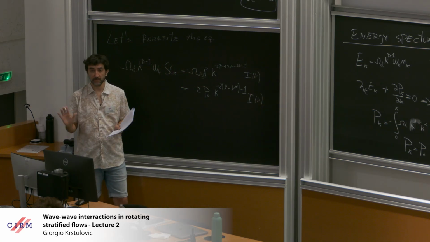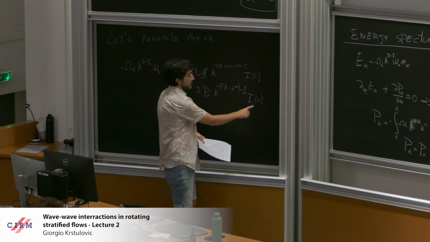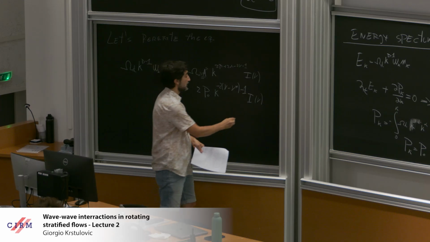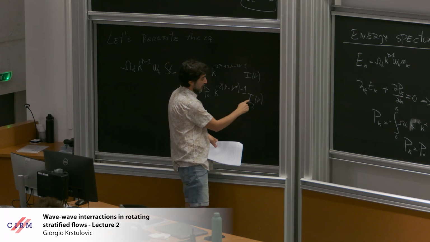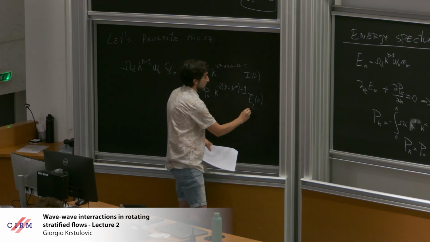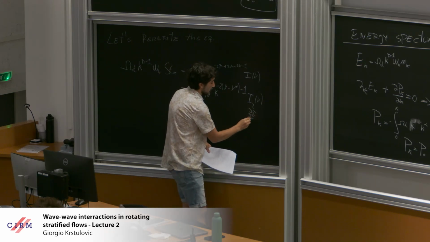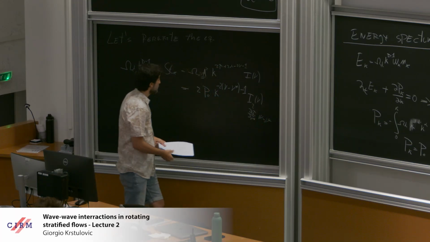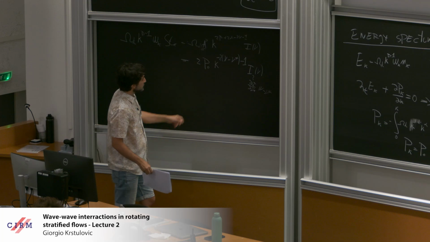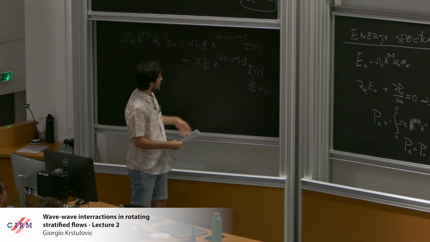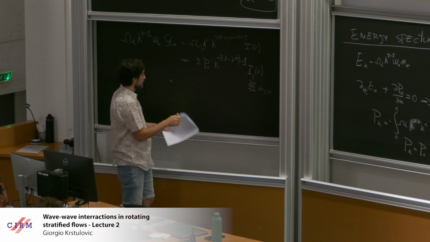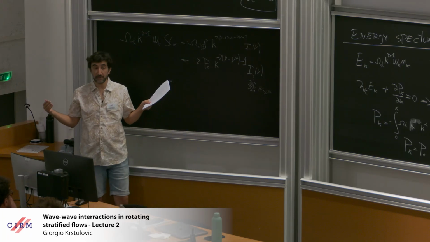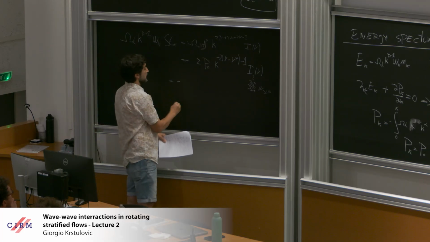I'm just rewriting things. I haven't done anything. So if I assume that my nu star is indeed a solution, I can Taylor expand, okay? So this guy here is roughly I of nu star, which is 0, plus the derivative dI over d nu star times nu minus nu star. And then there is a minus, so I can write it, if I do one more step, with nu minus nu star, which is small because I will be taking nu going to nu star, okay? And then I get this.